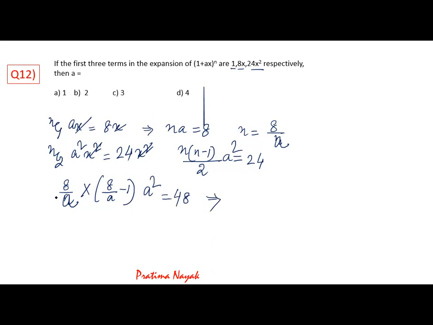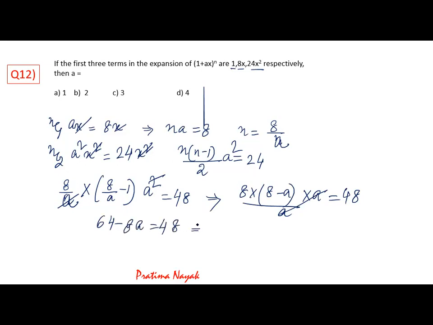Now this gives you a, 1 a cancels. 8 into 8 minus a by a into a is equal to 48. a cancels. So 64 minus 8a is equal to 48. So this gives you 8a is equal to 16, or a is equal to 2.